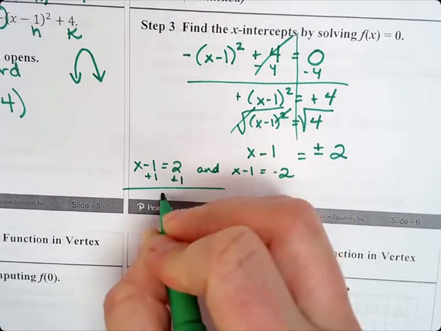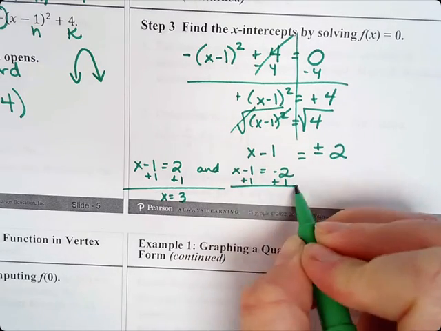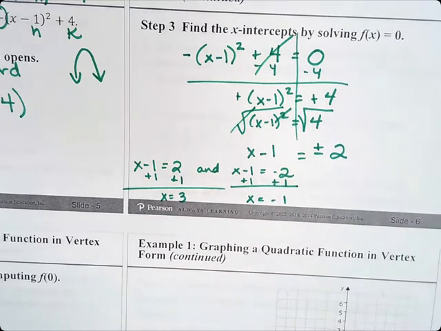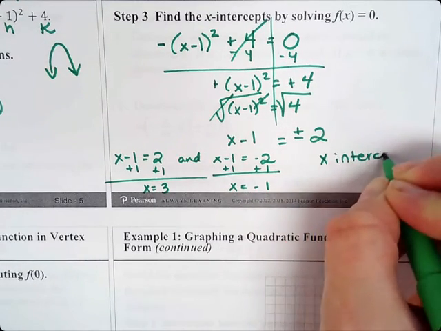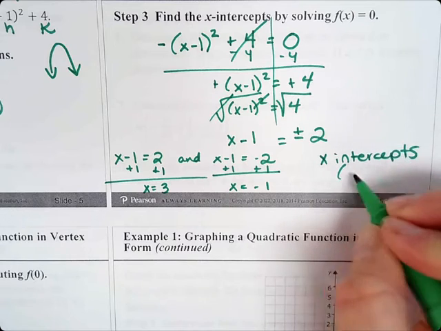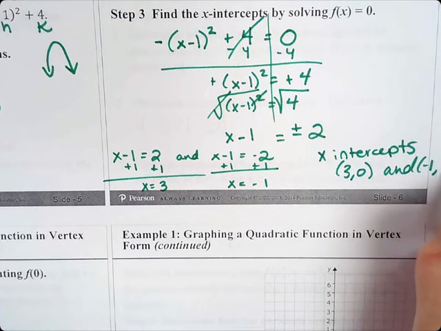Adding 1, we get x equals 3, and then add 1 to this side, we get x equals negative 1. So our two x-intercepts are 3, 0, and negative 1, 0.